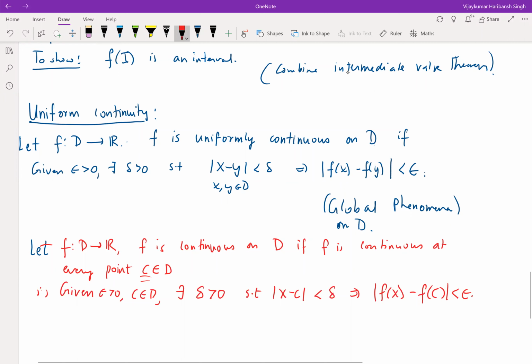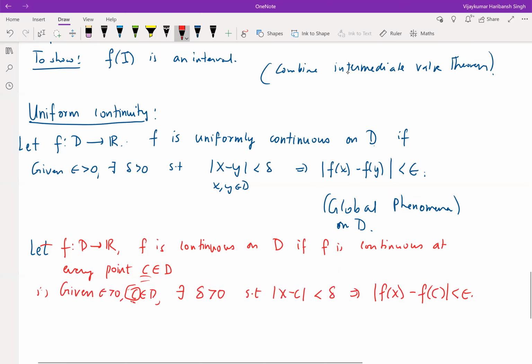So you see, your delta is basically dependent on C, delta C. Although I'm not writing it here, it is clear that it depends on your C, which is already chosen to start with. So this is the difference between continuity and uniform continuity.